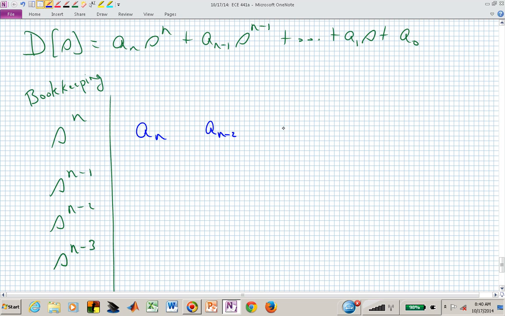The next entry is a sub n minus 4, a sub n minus 6. And if we're dealing with a 13th order polynomial, we're going to have a lot of entries in that top row. Just preparing you for Friday, okay, for a 13th order polynomial. But we now have used every other coefficient, and now if some are 0, that's where you get stumped.